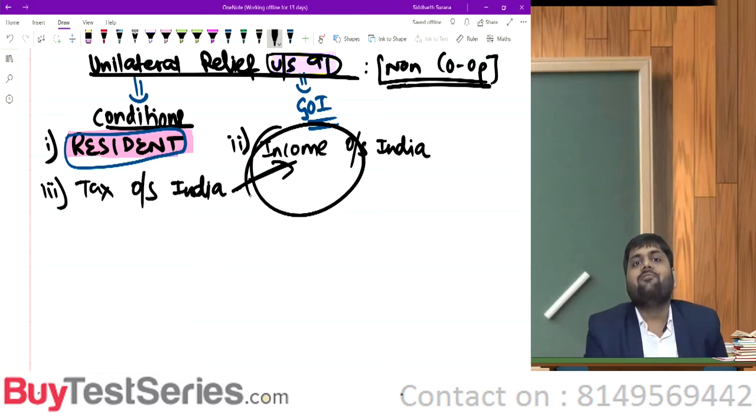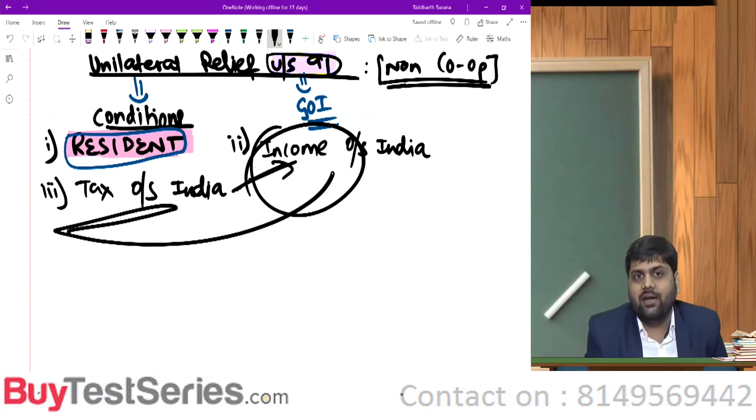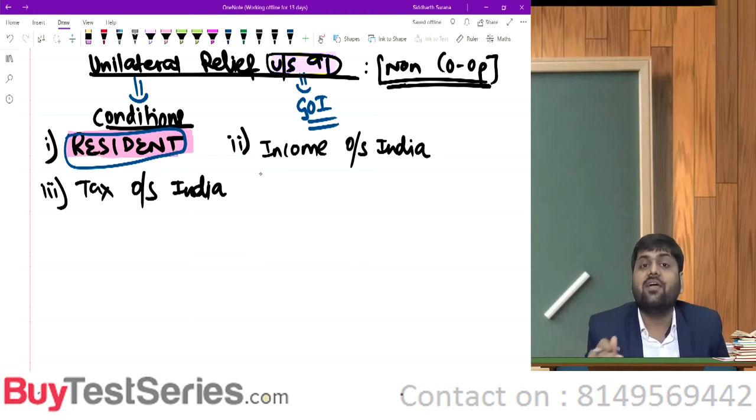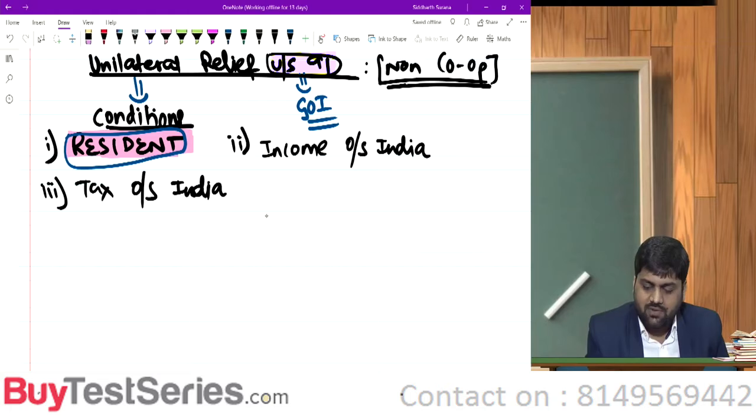But then again, when we were checking if double taxation has happened, same person, same income, paying tax twice, this income in India on the basis of residence and that government on the basis of source, automatically we have already satisfied both conditions, even before we came to relief.